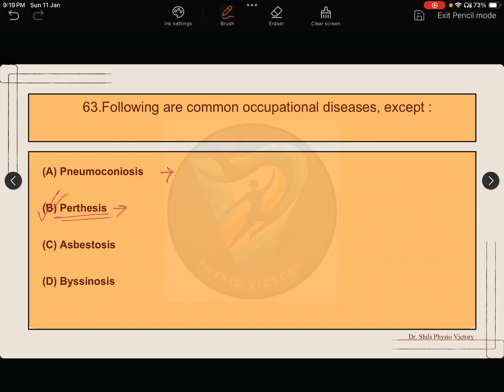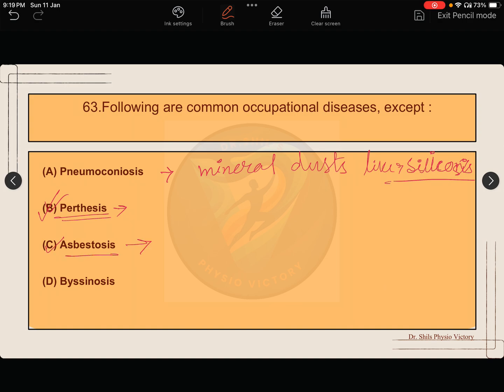Pneumoconiosis is a classical group of occupational lung disease, especially from mineral dusts like silicon or silicosis or coal workers.